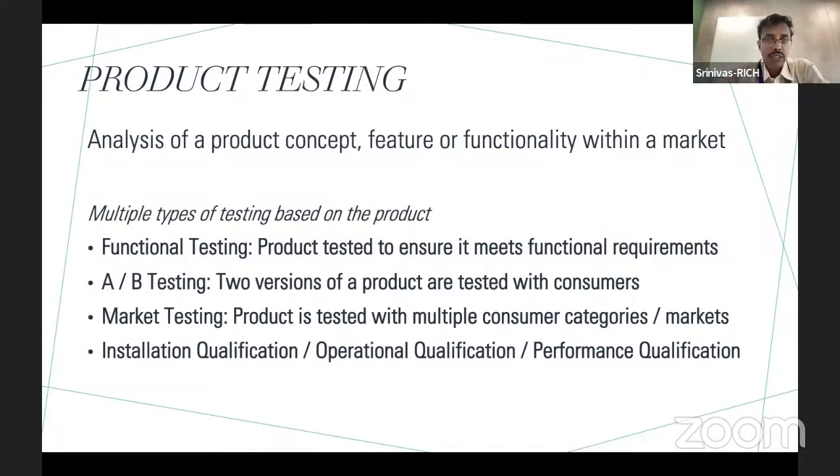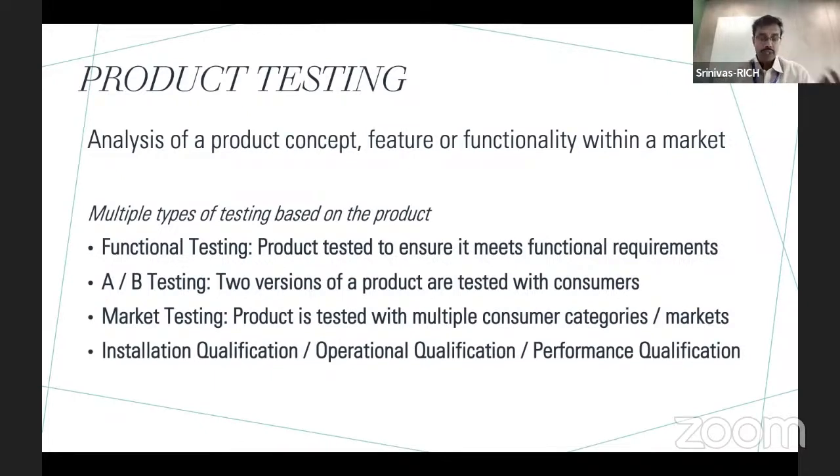For this, we actually have multiple types of testing. I did touch upon this very briefly in the beginning. Functional testing, which only focuses on the product functionality. That's it. Does this product meet the basic functional criteria or not? A/B testing. There are 2 versions of the same product made and given to 2 control groups, and understood which control group prefers the product and why.